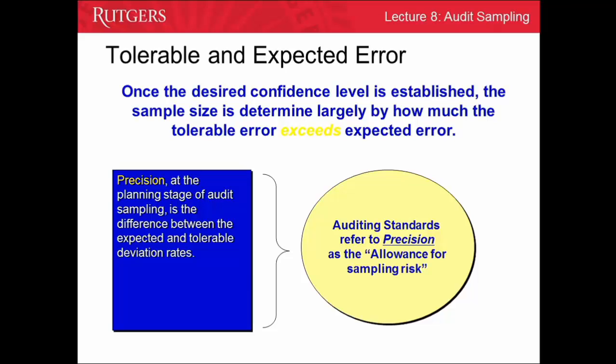In typical statistical sampling terminology, the term precision relates to how close a sample estimate is to the population characteristic being estimated, given a specific sampling risk. Thus, precision at the planning stage of an audit sampling application is the difference between the expected and the tolerable deviation rate or misstatement.